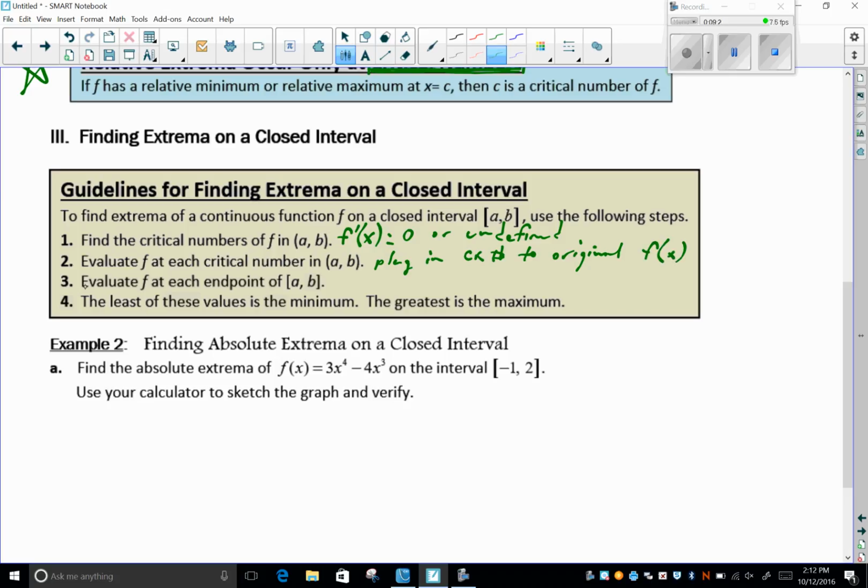Evaluate f at each endpoint, so plug in each endpoint into the original function. And then finally, the least of these values is the minimum, the greatest is the maximum. So let's try an example.